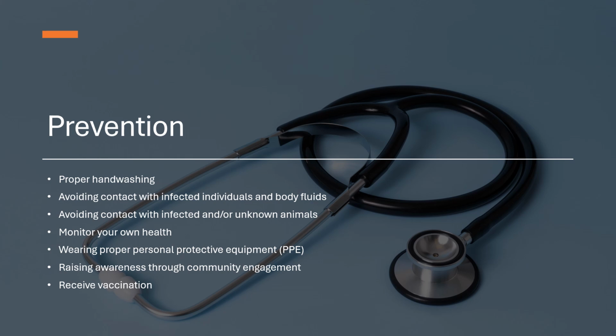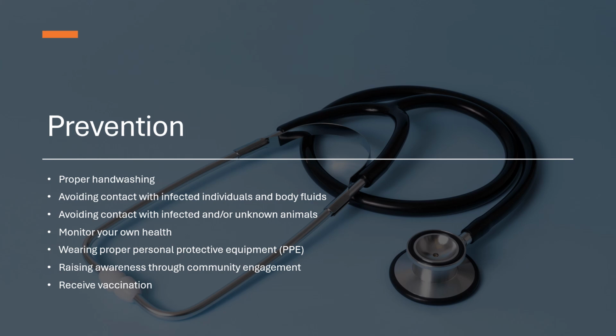Avoiding contact with infected individuals, avoiding contact with infected body fluids, also indirect contact with contaminated needles and things of that sort should be avoided. But that could be avoided through sterilization processes that are good enough. Avoiding contact with infected or unknown animals, especially in areas that have been susceptible to outbreaks of Ebola in the past, such as areas of sub-Saharan Africa.